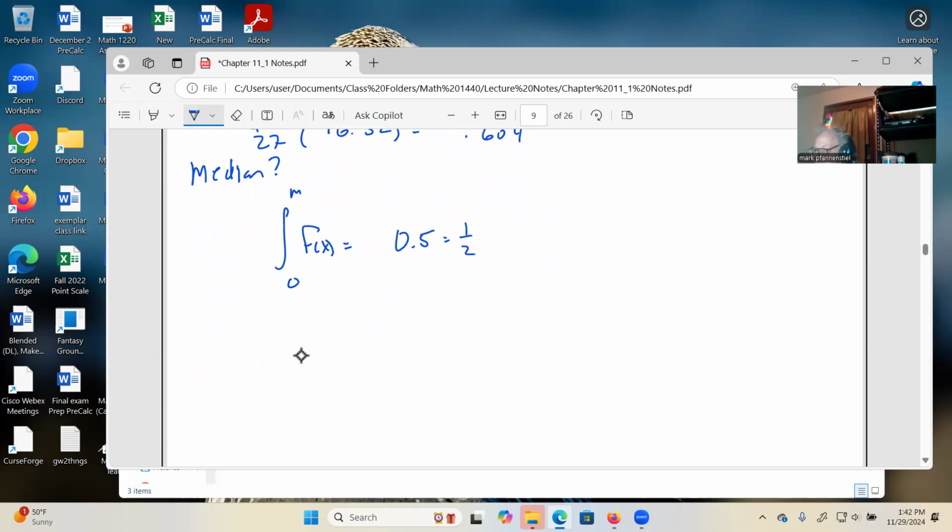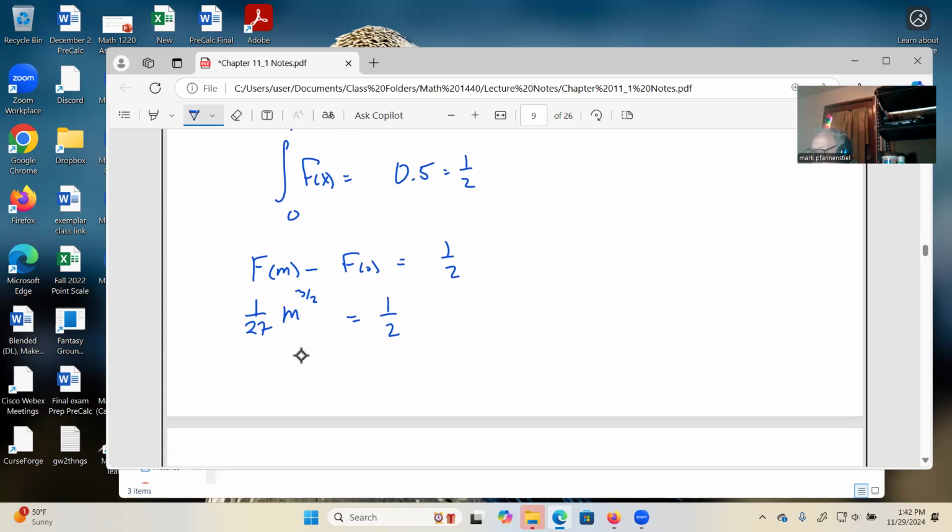When I integrated this, I got capital F of m minus capital F of 0 equals 1/2. Well, capital F of 0 was just 0. So capital F of m, we got 1/27 m to the 3/2 power, the integral we had from way back up there, is equal to 1/2.